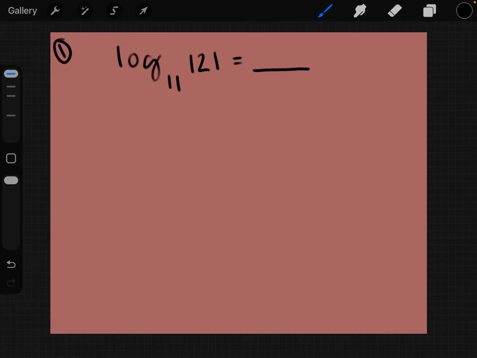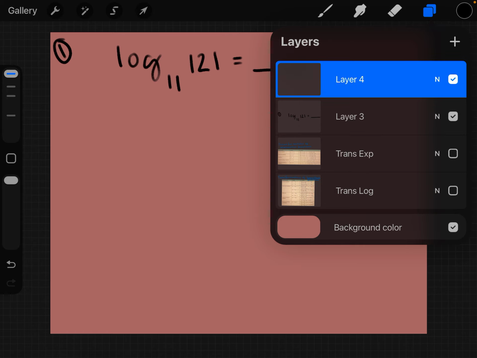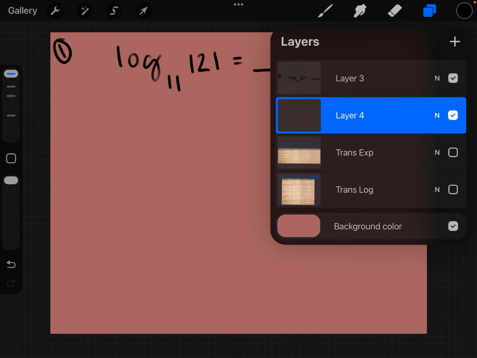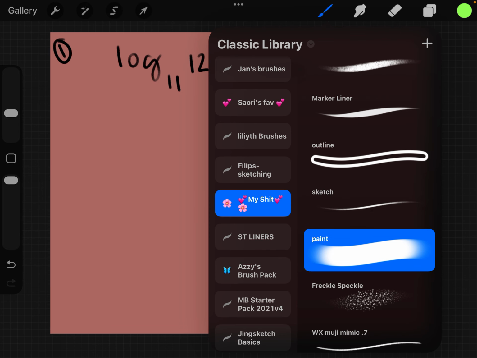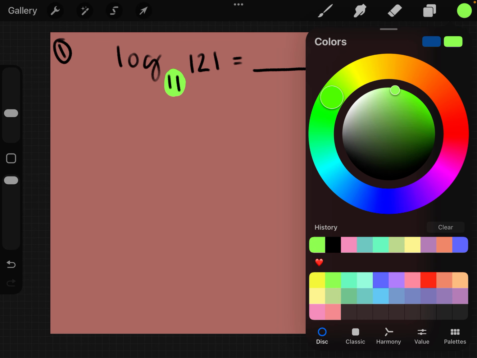Okay, so to figure this out, you need to rewrite it in exponential form. This is our base.